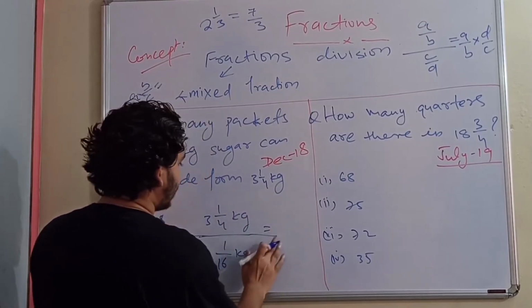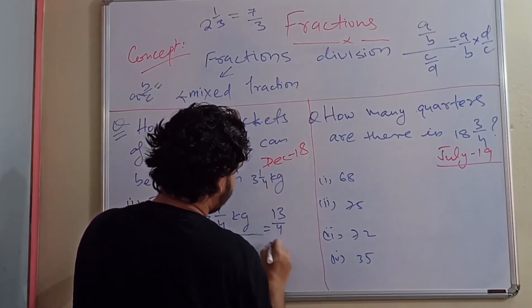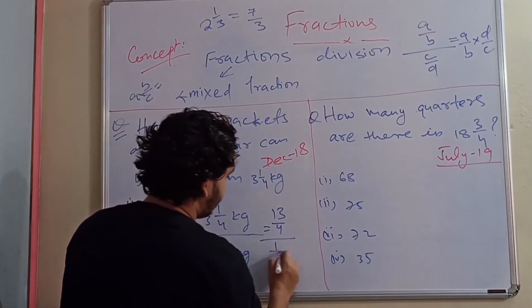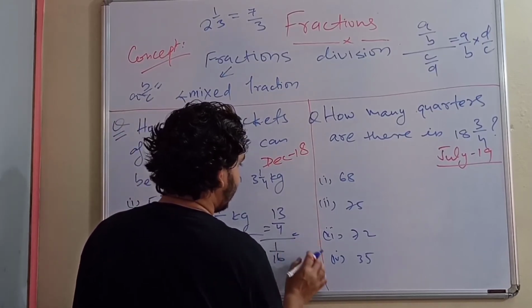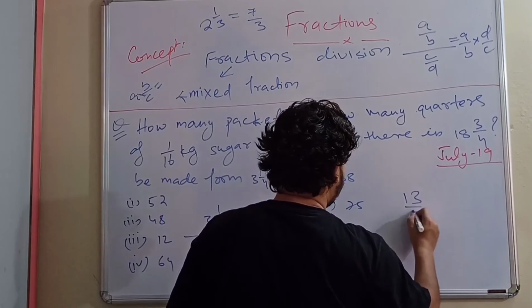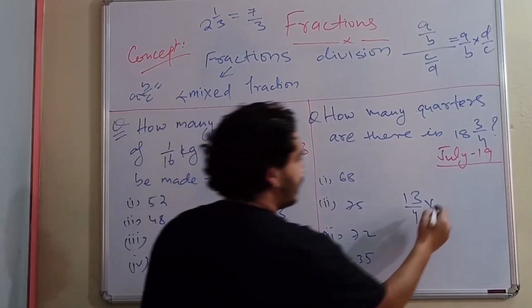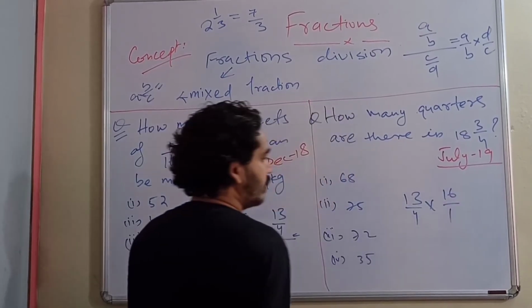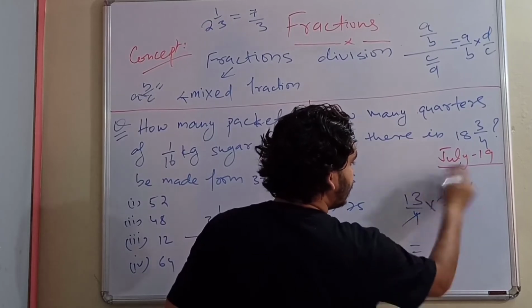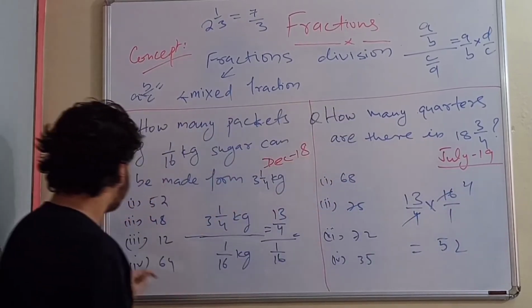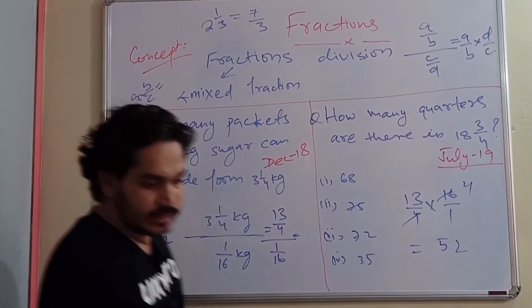So that is nothing but 3 4s are 12 plus 1, 13 by 4 divided by 1 by 16. We just now saw that I can write this as 13 by 4 into 1 by 16 in reverse, so 16 by 1. Cancelling, 4 4s are 16. So what is the answer? 13 into 4, 52. So where is the option? Option 1, 52.